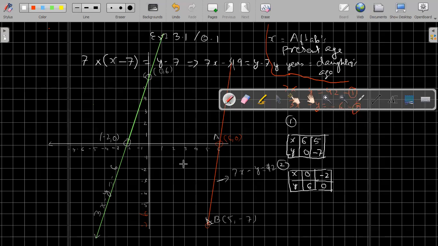This is the representation of the graph. The situation is represented graphically.